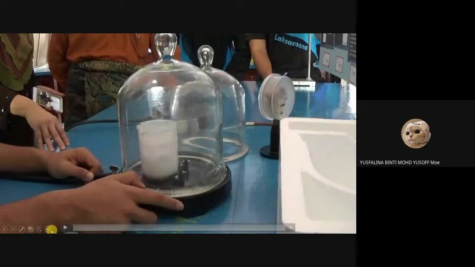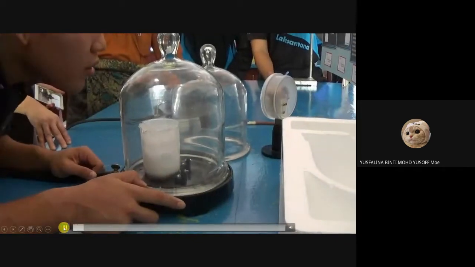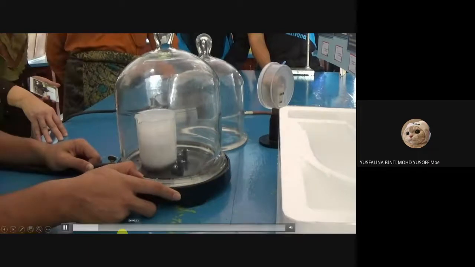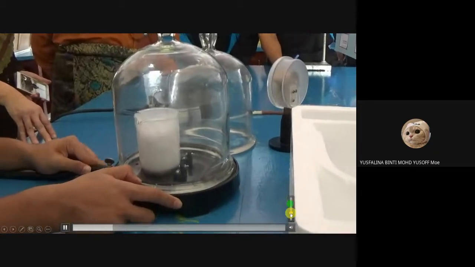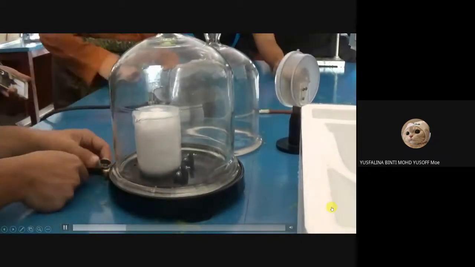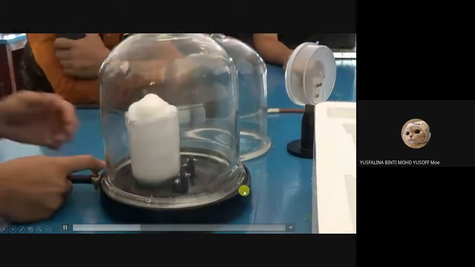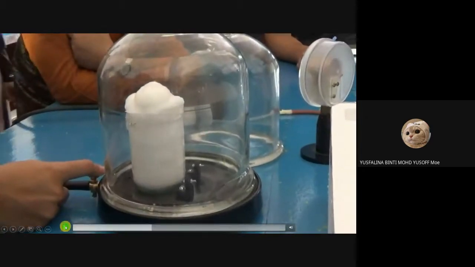So let's see this video. What happened here is they take out the gas molecules from the container. So the pressure inside is decreased. When the pressure is decreased, the foam will expand because there is a lack of pressure here.